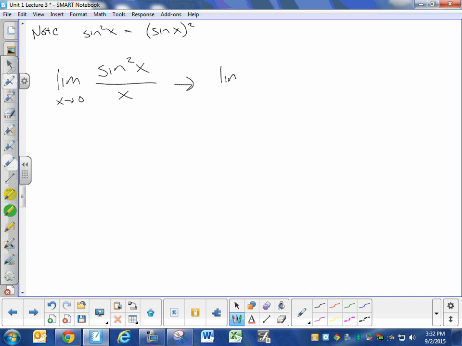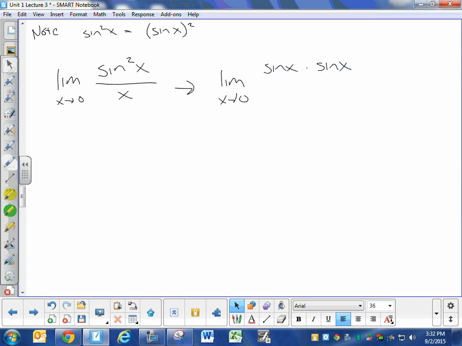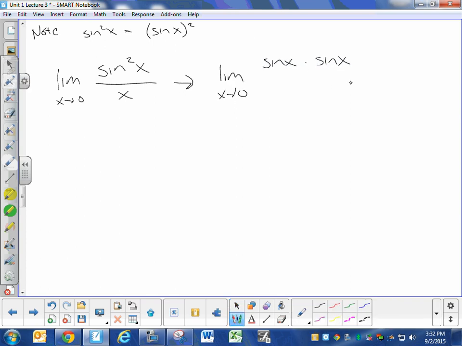What I would do is write this as sine x times sine x. And then if I wanted to, I could have sine x times 1 over x, split up the fractions, make it a bunch of parts. Then I could move the 1 over x to underneath one of the sine x's. Have the other one separate.